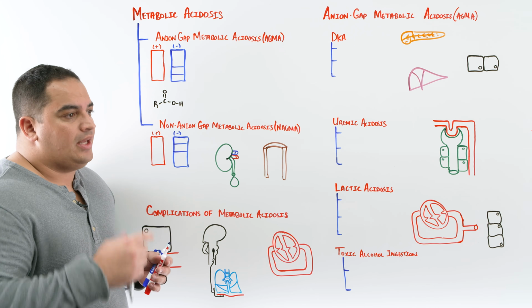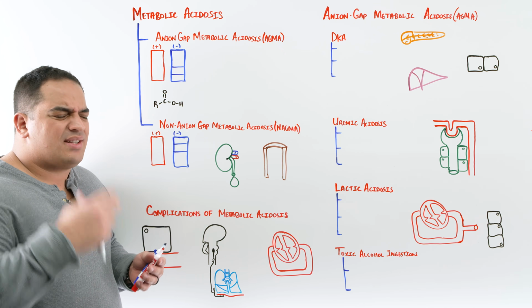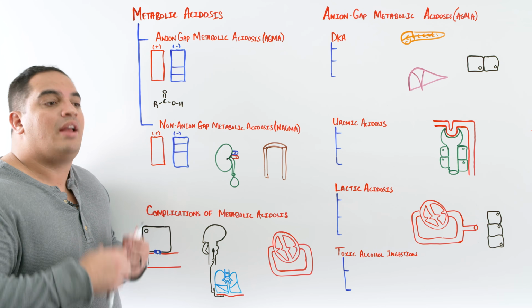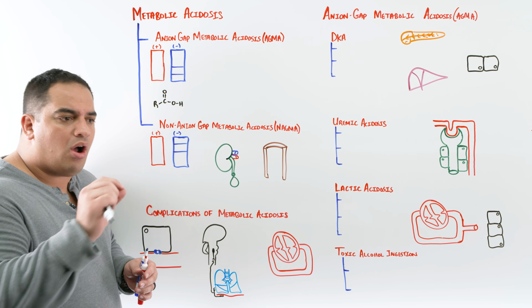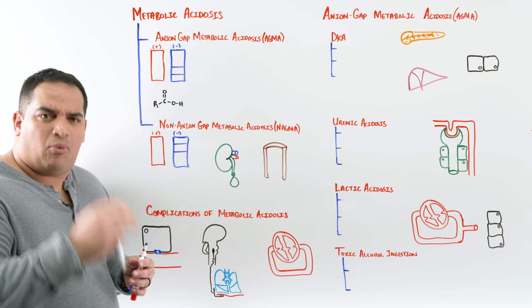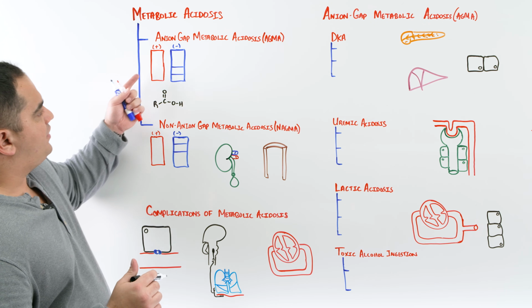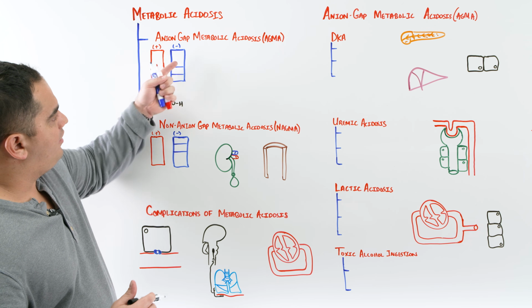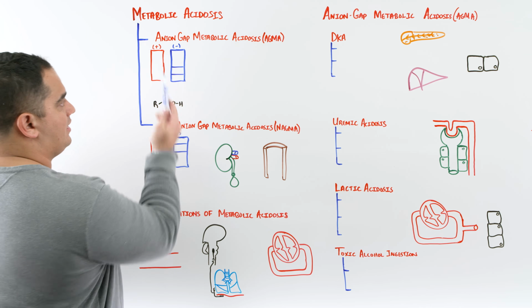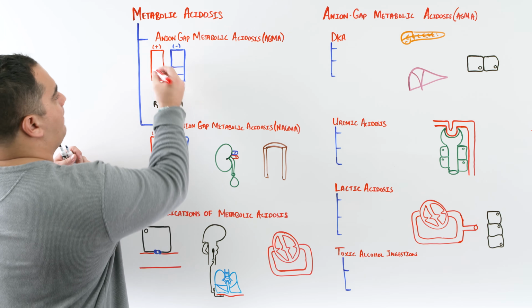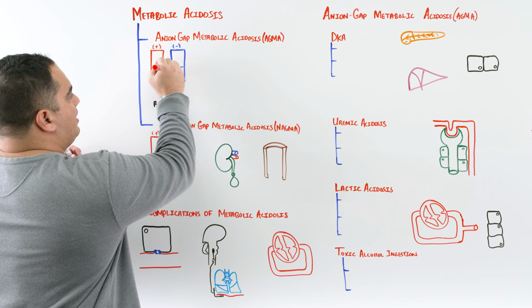So the first one is the anion gap metabolic acidosis. This is a subtype of metabolic acidosis. Within this, it's really about what the anion gap is and why it is elevated. Well, there are your cations in the extracellular fluid, and then there are your anions in the extracellular fluid. What I do is I take the cations and subtract the anions from them. The most abundant cation is going to be sodium.